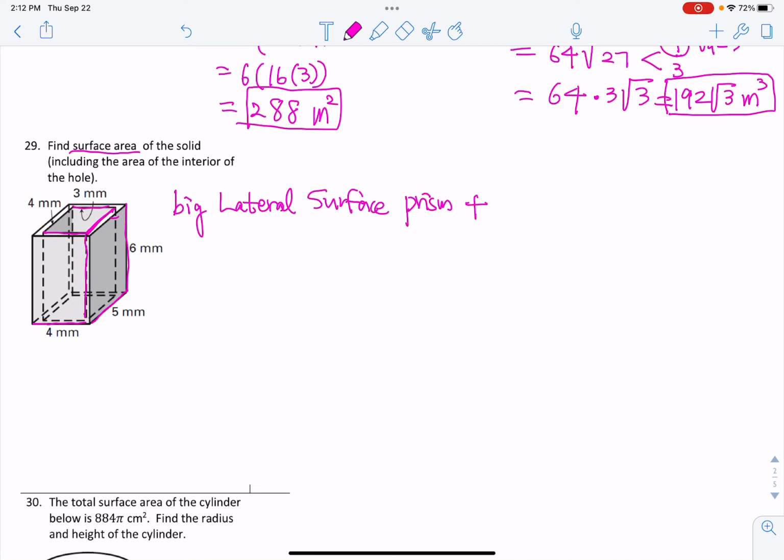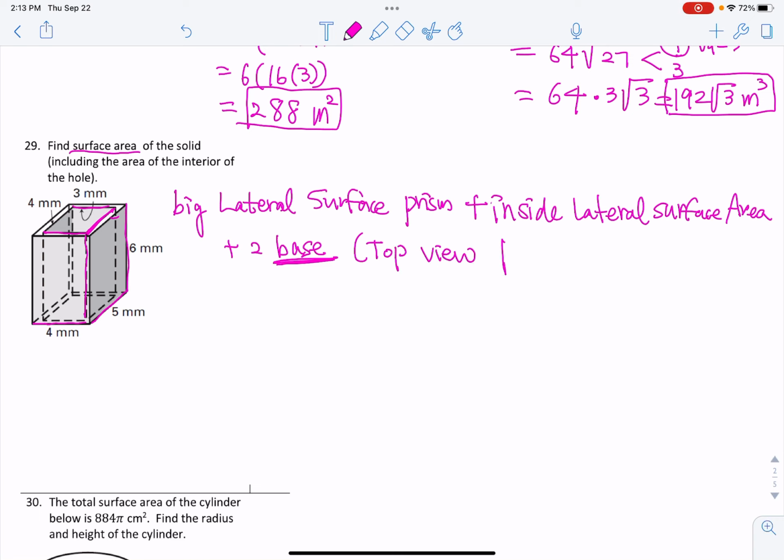So you have to add the small inside lateral surface area plus 2 base areas. But remember this base, when you look at the base from the top view, it will look like this.